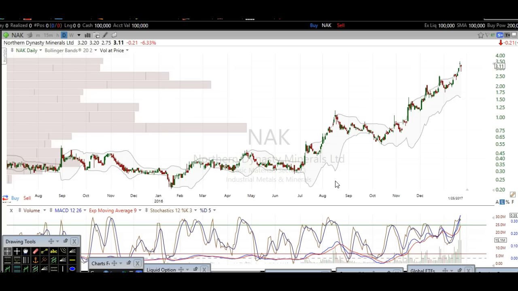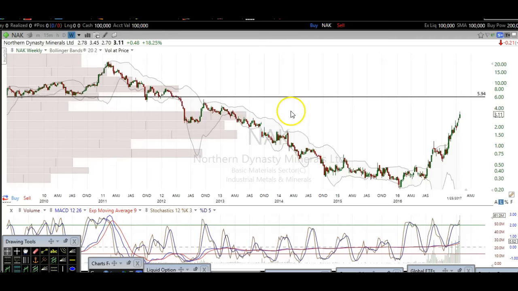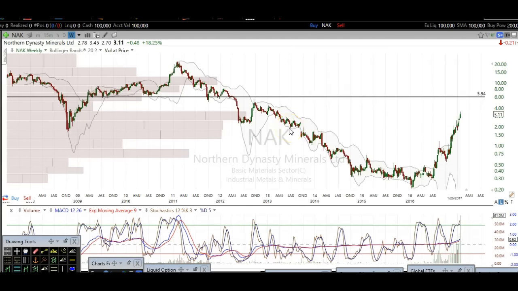We're going to be checking out NAK to start here, and NAK is clearly in a beautiful uptrend. What I want to point out is on the weekly chart, which is really the main level that I'm seeing on NAK.